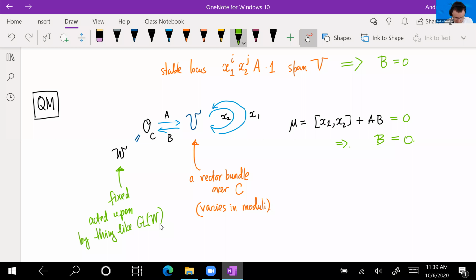If I have some general Nakajima variety, this GL(W) acts on it, so it should act also on maps to it. It acts on this bundle, which is some copy of the trivial bundle with an action of my group. And these are now maps: X, A, B, X1, X2 are all maps between bundles, so the Xi are now in Hom on my curve C from V to the sections.